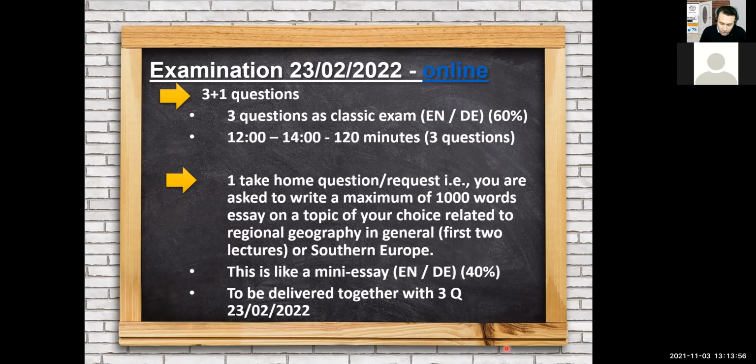Regarding the online questions, yes, I was planning only to stick to the 3 questions, but it sounds nice to me, and because we have 11 lectures, a lot of topics to be discussed here, I can bring 5 questions, and you only need to answer 3 questions.